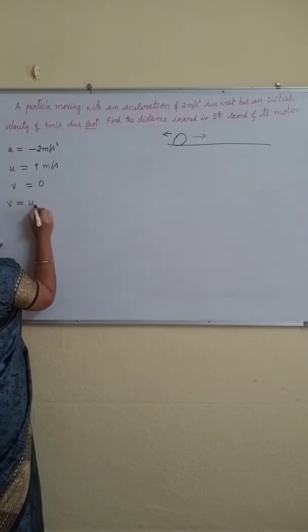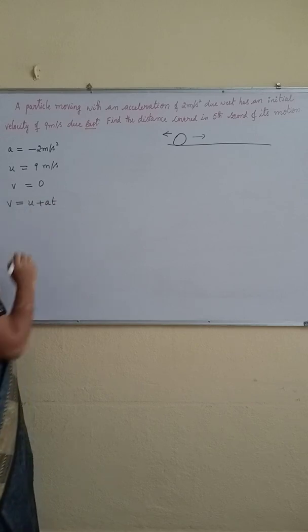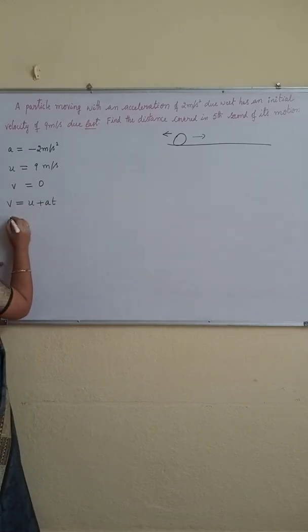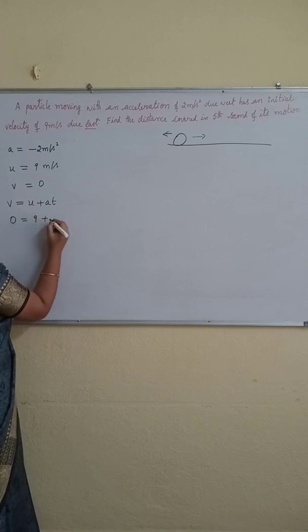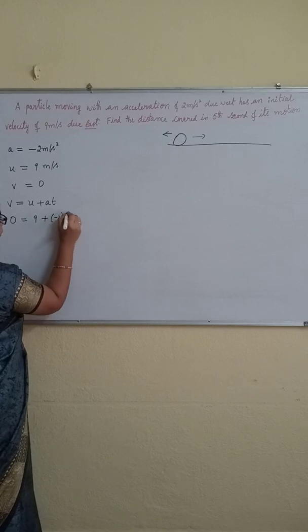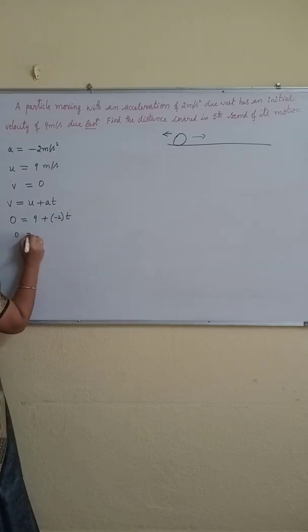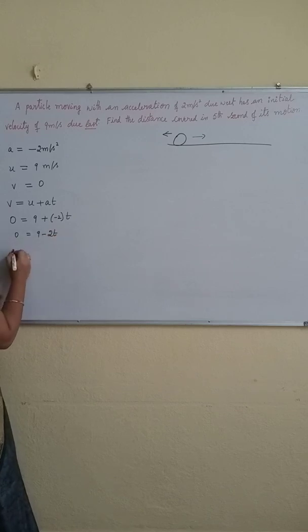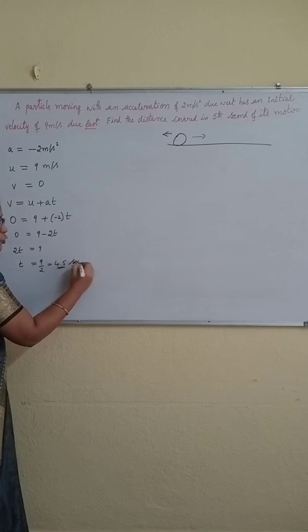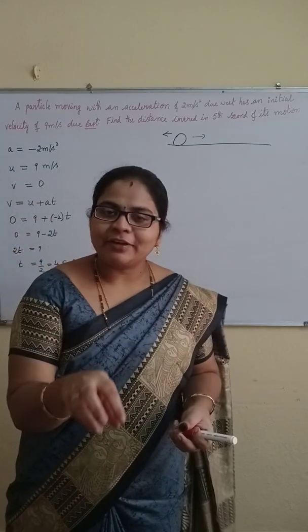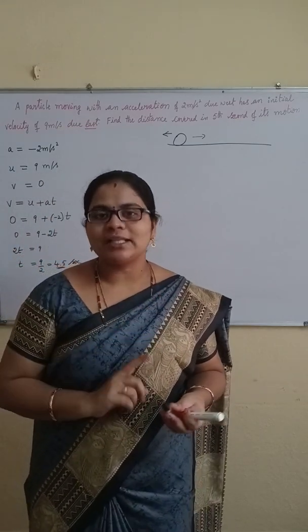Now substitute the values. v is 0, u is 9, plus a is minus 2, into t. So 0 = 9 - 2t. The minus, when it comes to the other side, becomes plus. 2t = 9, t = 9 by 2, that is 4.5 seconds. So at 4.5 seconds the body comes to rest position.